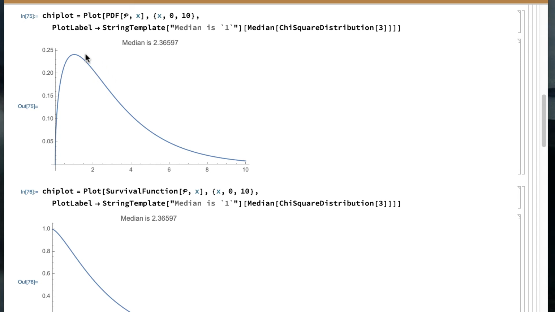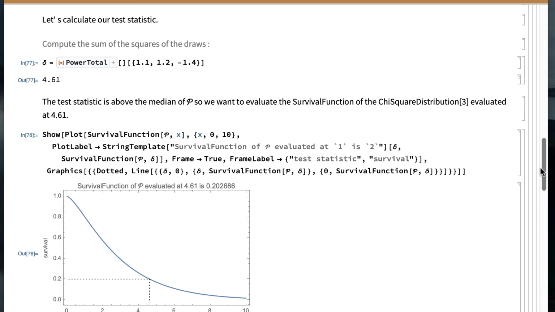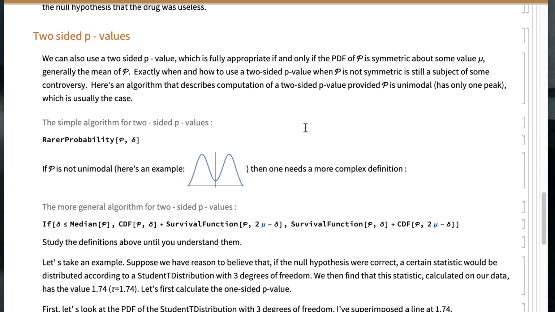There's no vertical line I can draw here in which the stuff to the left is going to be symmetric to the stuff to the right. I'm never going to get a mirror image by drawing a vertical line with this distribution. And so it's most likely inappropriate for a two-sided p-value. Okay?